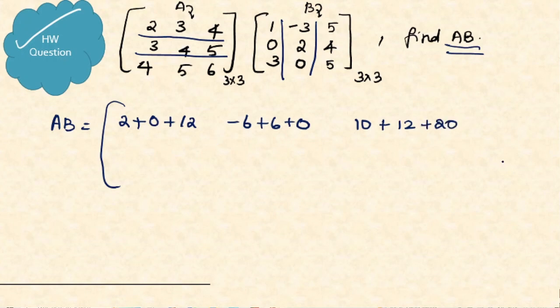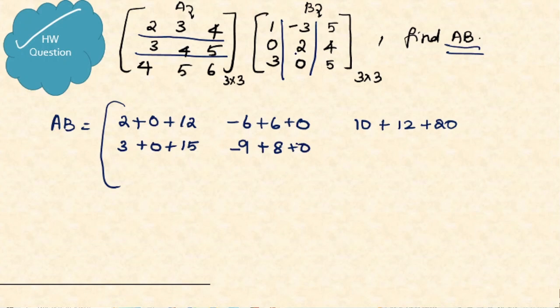Clear? That's all. This is the first row. Then second row, first column: 3 ones are 3, plus 4 zeros are 0, plus 5 threes are 15. Then for second row, second column: 3 threes are 9, minus 9 because the minus symbol is there, 4 twos are 8, plus 5 into 0, anything into 0 is 0.